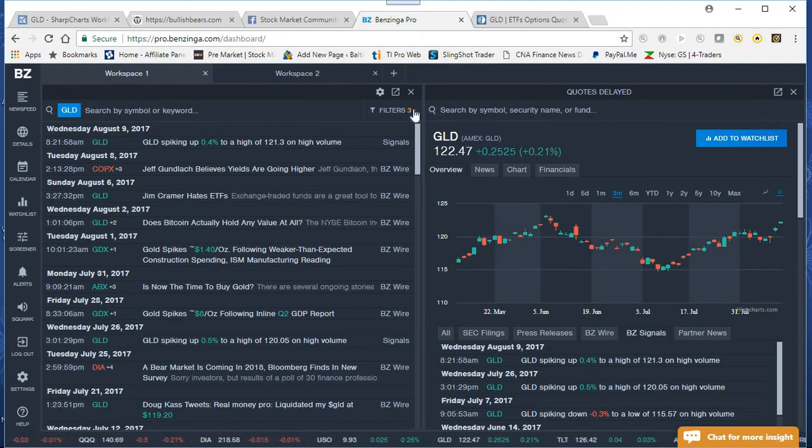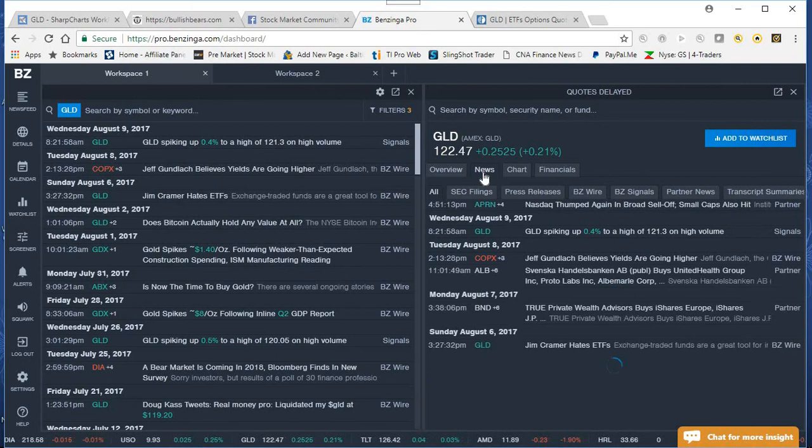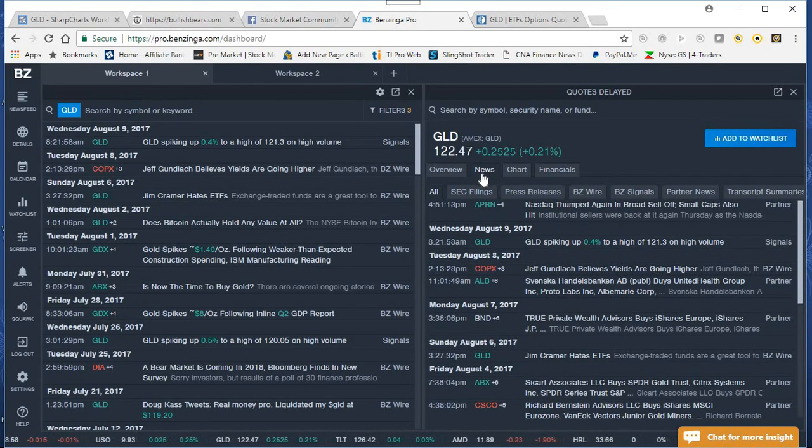You put your ticker up here, and it gives you different signals. I have all news on this side. This side I have a chart with some information at the bottom. You can click on news, and it gives you some updates on what's going on with the overall market. Got a signal here on August the 9th.